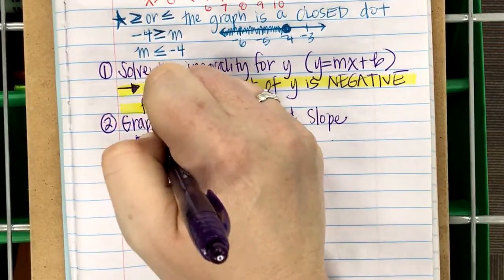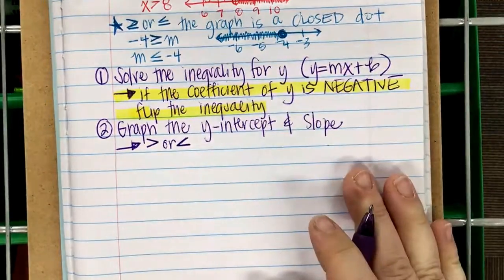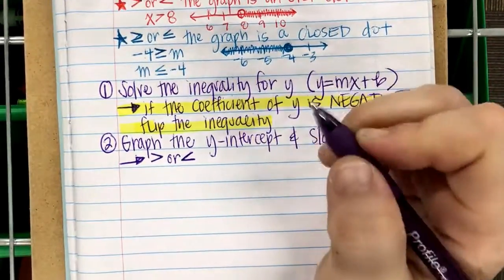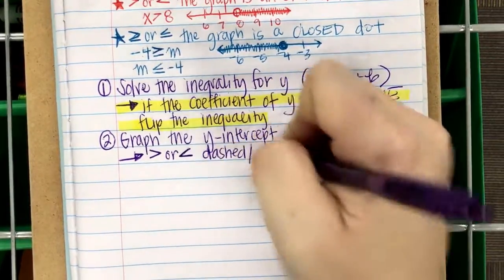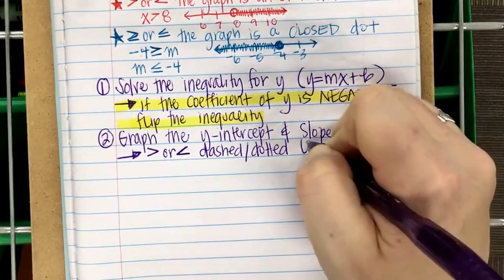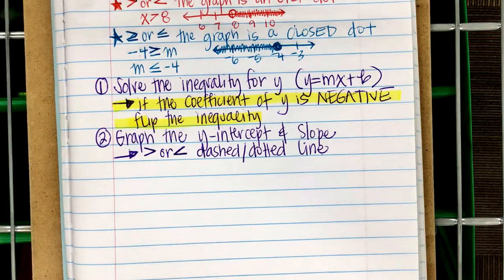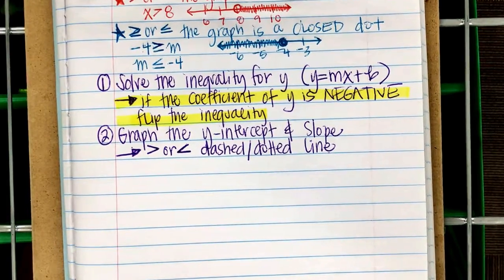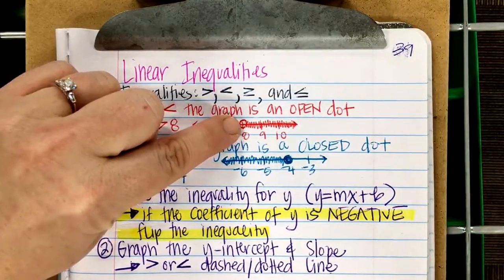If it is greater than or less than, it's a dashed or dotted line. It's open. It has holes in it. Just like up here, if it was greater than or equal to, you drew an open dot.